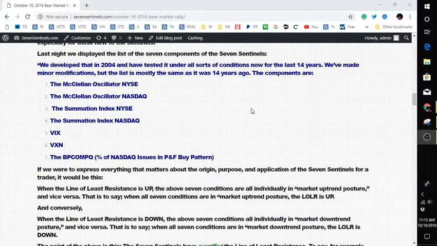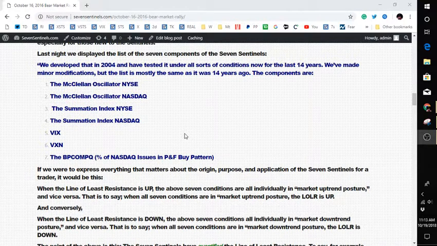So I set about decades ago to find a way of defining numerically that line of least resistance, finding the arithmetic that would define it. And finally, in 2004, I came up with it.